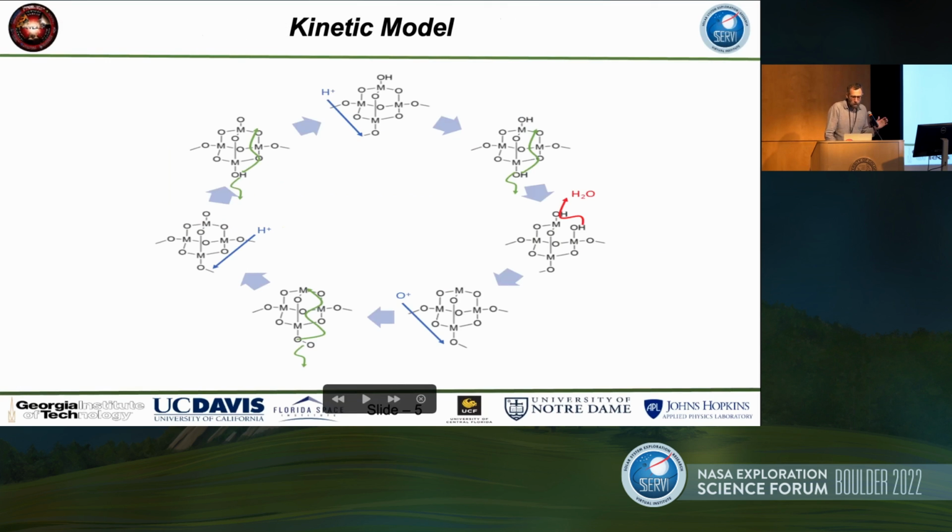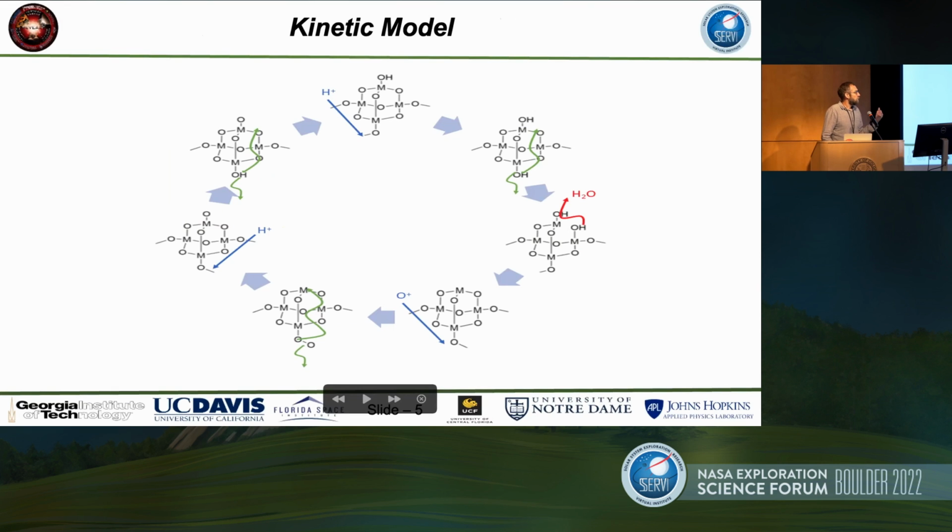Okay, so the model is relatively simple. I've talked about this before, but I modified it a little bit to include diffusion. Hydrogen can implant and make these hydroxyls. Those hydroxyls can then diffuse into the bulk or to the surface, where they can react to form water. At higher temperature there's a higher probability of water forming.